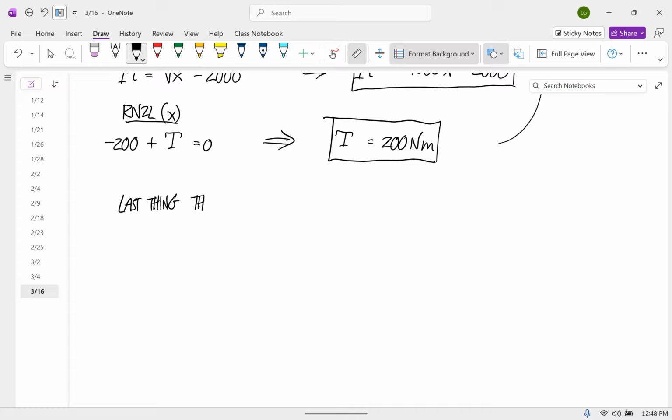So the last thing that can come up with internal loads and beams is distributed loads.